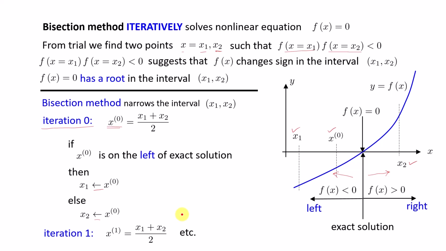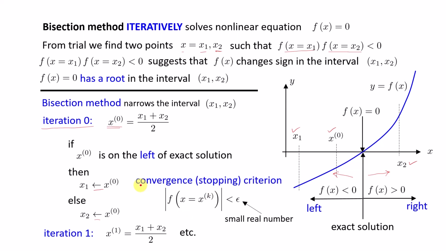Eventually, of course, we have to stop the iteration and we have to assume that we have come close enough to the root. As you can understand, in numerical methods we never reach the exact solution. We can only come closer and closer to it. We have to set a convergence criteria. We also call it stopping criteria, where we'll stop our calculation. To do so, we'll check this x.